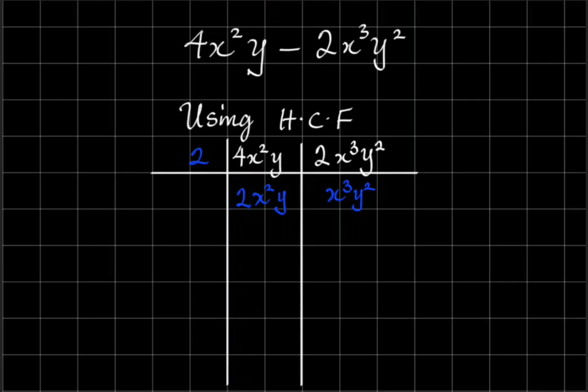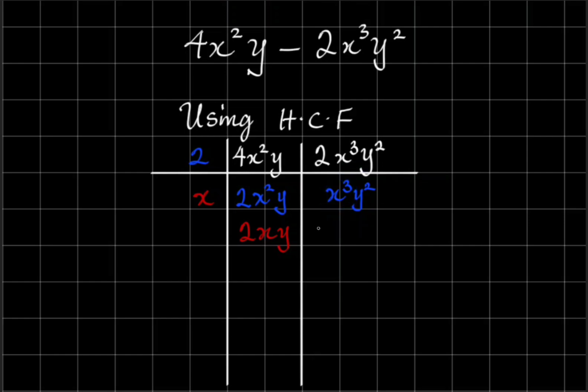Now let's go to the variables. Let's see the variable x squared and variable x cubed. Of course, x can go there, so we use x. x cannot go into the 2, so we write the 2 back. Then this x will be reduced by 1. How many x can we have in x squared? So we have x, so we have x y, and likewise this will also be reduced by 1 power.